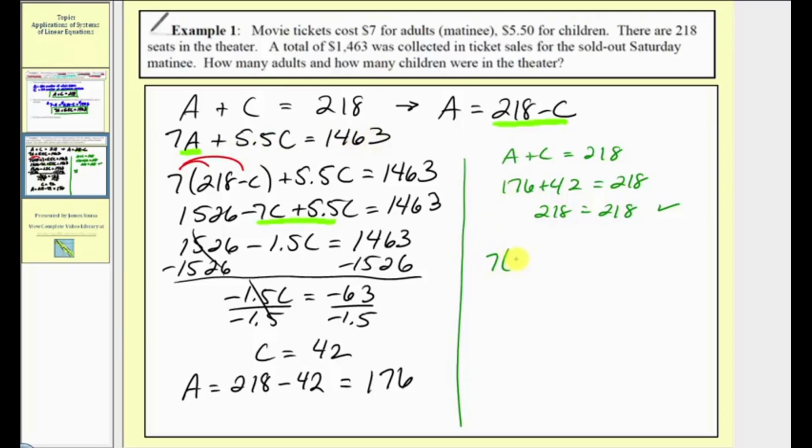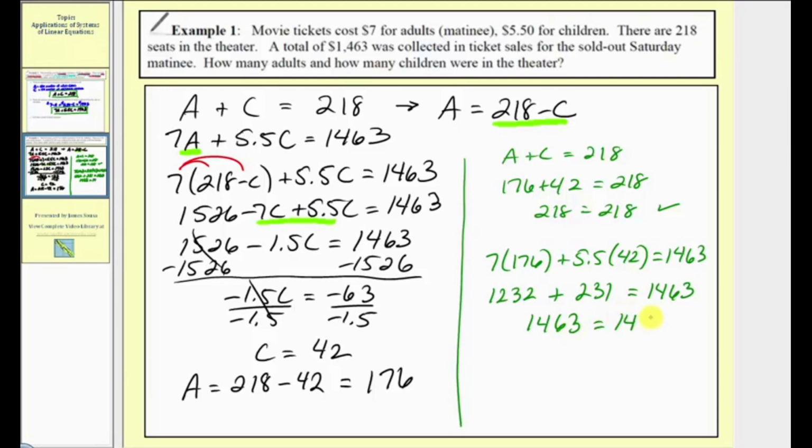So we'd have 7 times a, which is 176, plus 5.5 times c, which is 42, equals 1,463. So this product is 1,232, and this product is equal to 231, and this sum here is 1,463, and therefore our solution also satisfies the second equation.